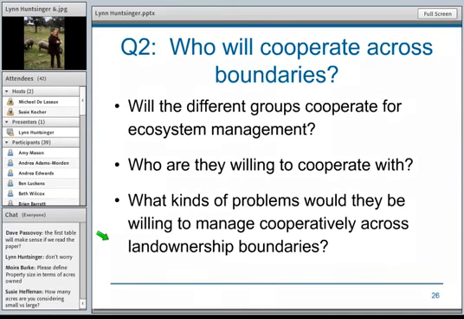So, if we take our groups, who among these groups and why will they cooperate across boundaries? Because we want to promote this in general. Will the different groups cooperate for ecosystem management? Who are they willing to cooperate with? And what kinds of problems would they be willing to manage cooperatively across land ownership boundaries?